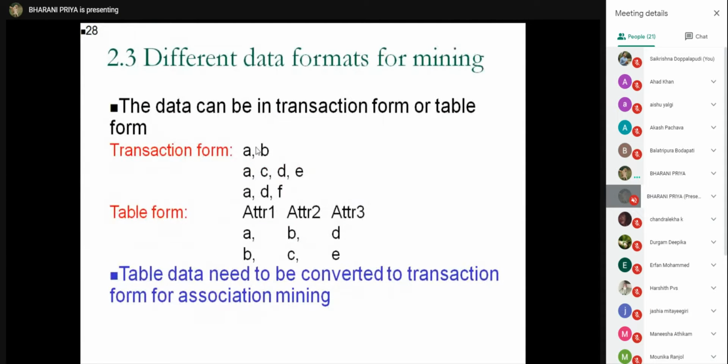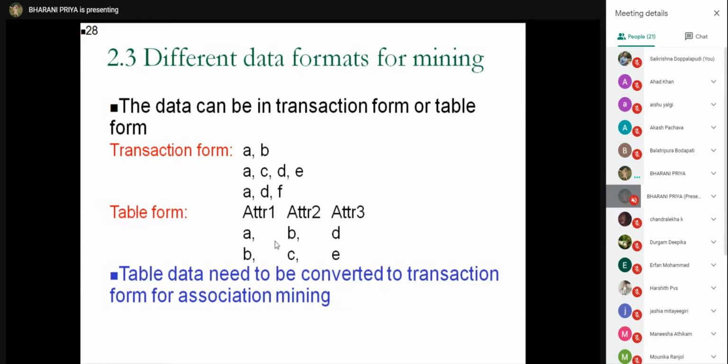Okay. So this is the data format you are considering. This is the transactional data format where A, B, C, D, E, F are all items. Now you have a table form. This is a table, and you need to convert it into transactional form.